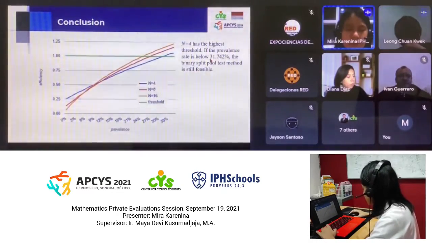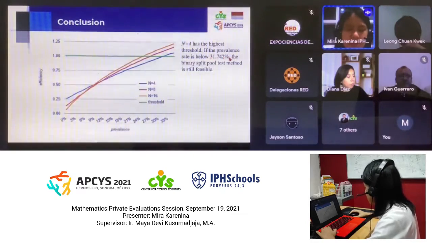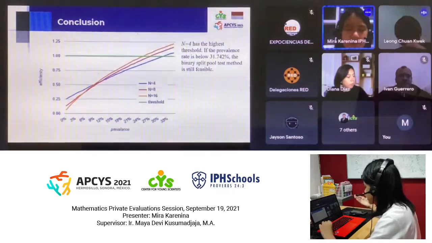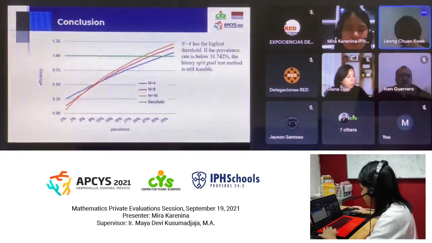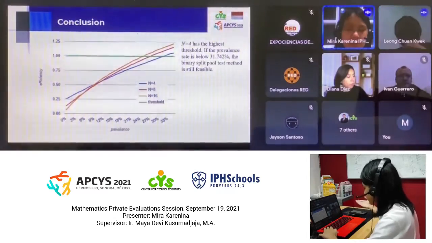So if the prevalence rate is higher than 31%, we'll have to conduct an individual test instead of a pool test, because pool testing will actually cost more and take more tests than individual tests.